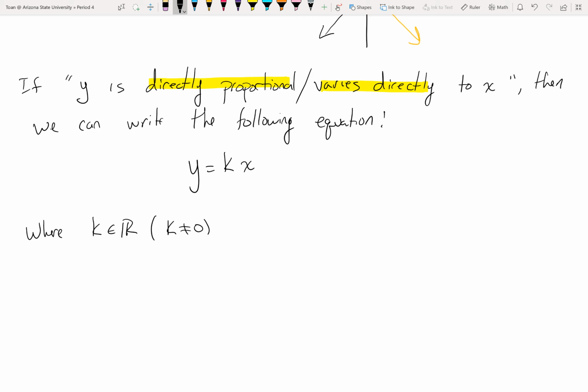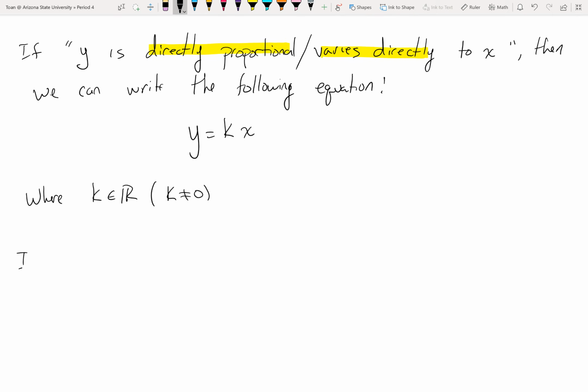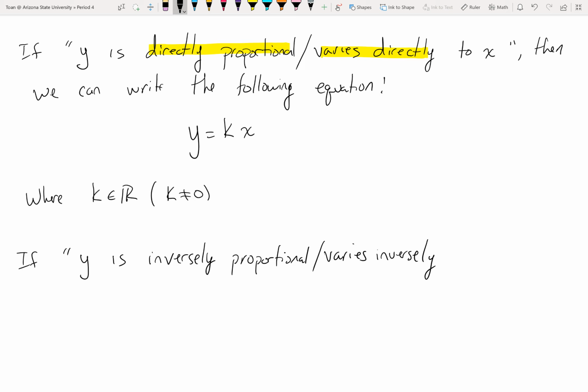The other proportionality relationship we can have, or the other trigger words to keep in mind, is this. If y is inversely proportional, or they can say varies inversely, those are the trigger words to keep an eye out for.